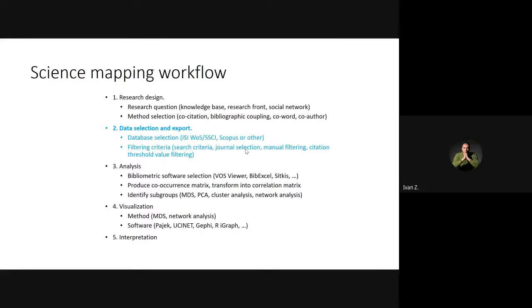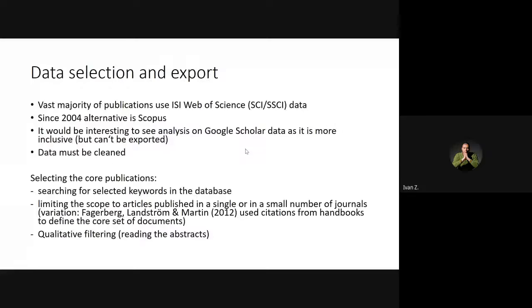So we choose our research question. We choose the method that we want to answer this research question, and then we have to choose the database. And usually, the most used database is Web of Science. The majority of publications using bibliometric methods actually use Web of Science.